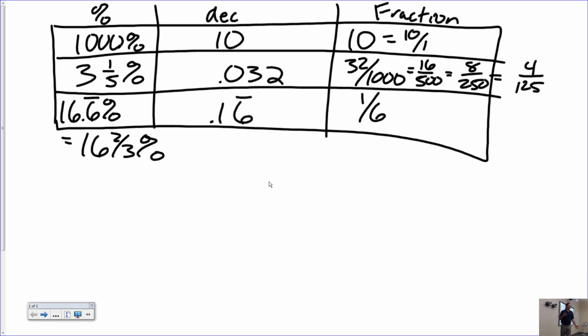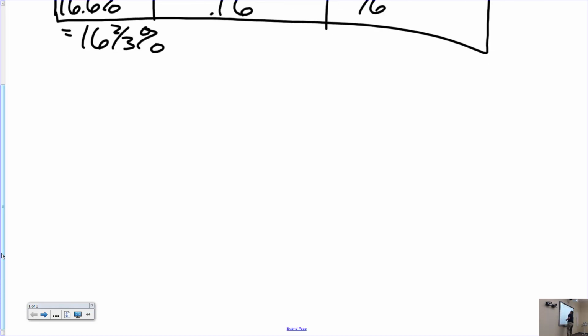Remember that all repeating decimals can be rewritten as fractions at some point in time. There's a representation out there somewhere. You can always do it. All right, so again, this is just me quickly reviewing the stuff we did last time. Good? All right, so now let's actually start using this stuff.